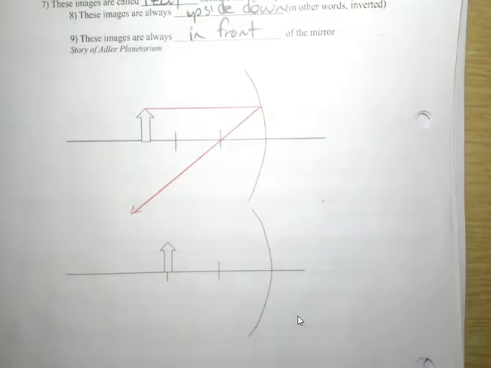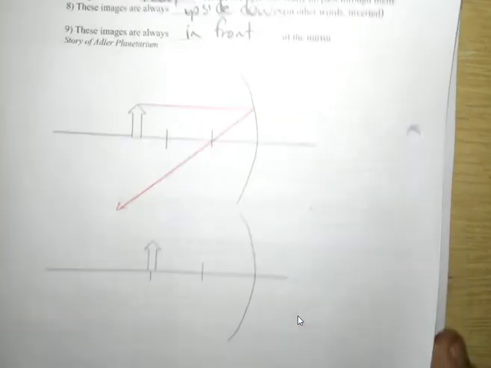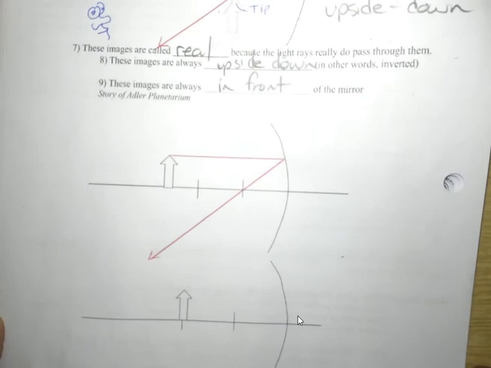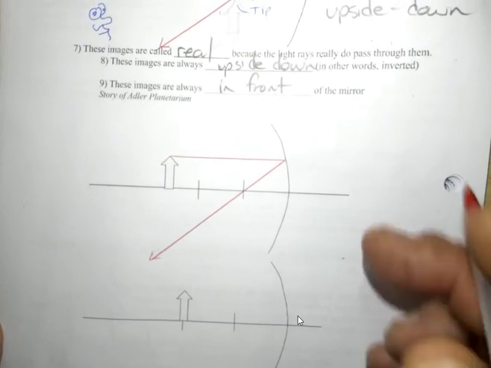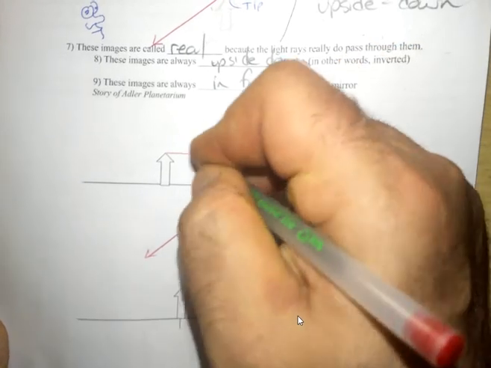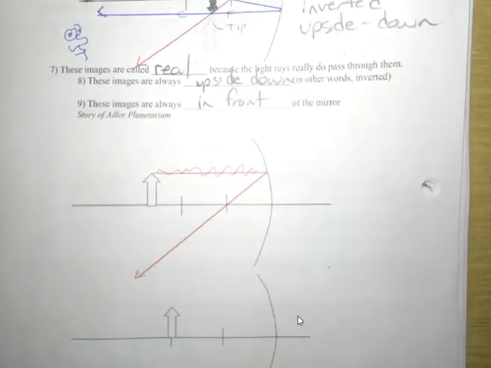Did that reflected ray change at all compared to the top? Nope. It's the same angle. It's going down through the same focal point from the same spot. Everything's the same. Okay, once you've drawn the reflected ray, scribble out the incoming ray.